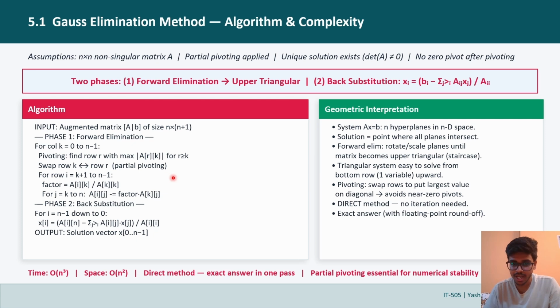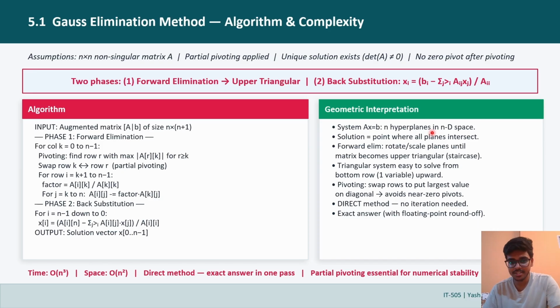Then for each row i below k, compute the factor as a_ik divided by a_kk, and subtract the factor times row k from row i. After all columns are processed, the matrix is upper triangular. Then back substitute for i from n minus 1 down to 0. x_i equals b_i minus the sum of a_ij times x_j for j greater than i, divided by a_ii.